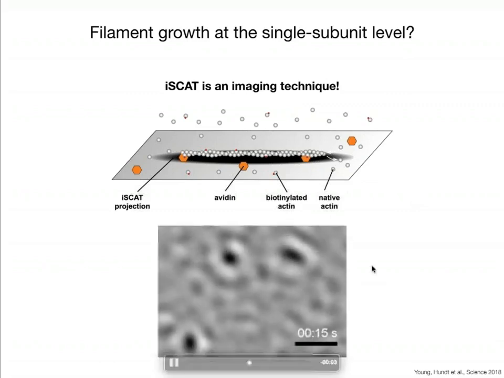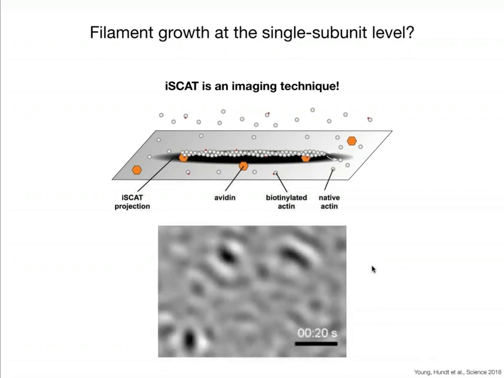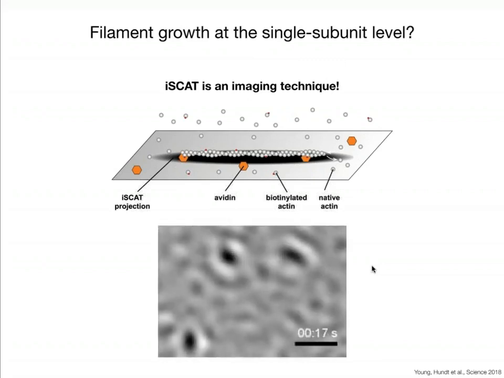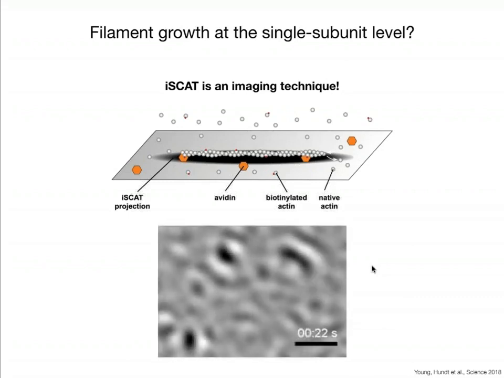And since each of the species that would attach to an actin filament gives me the exact same signal, and I don't have effects like photobleaching or blinking as you would have in fluorescence microscopy, I could follow this process at very high precision and relatively high frame rate.